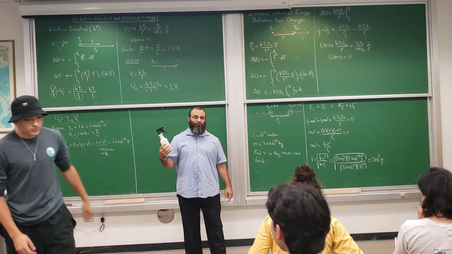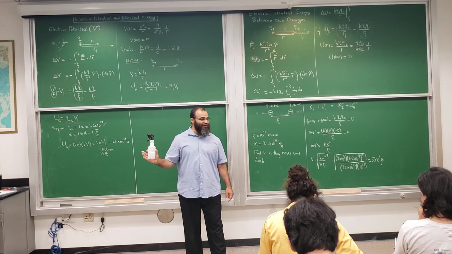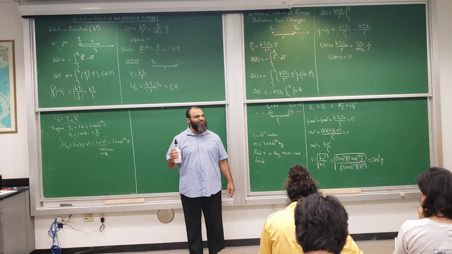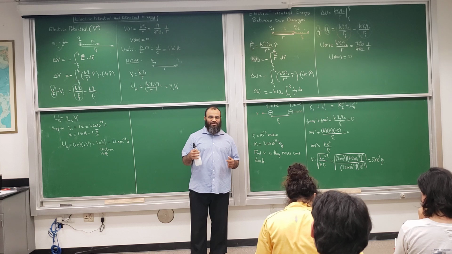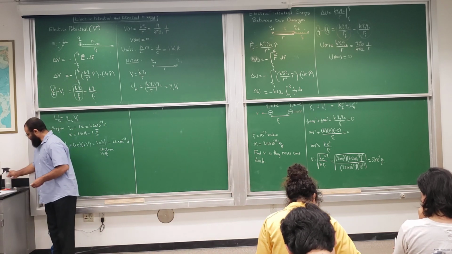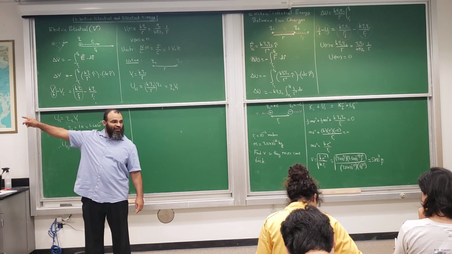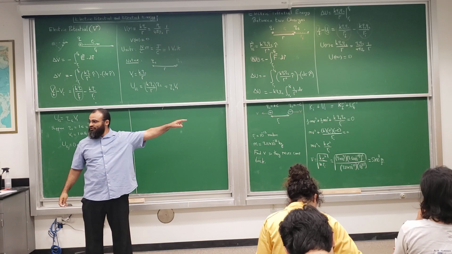For charges, on the other hand, we have positive charges, and they will work the same way as masses, just the way you would expect. But we also have negative charges, and it will just be the reverse. Okay? So here's how I'm going to introduce that. Imagine this wall is positively charged, and this wall is negatively charged.